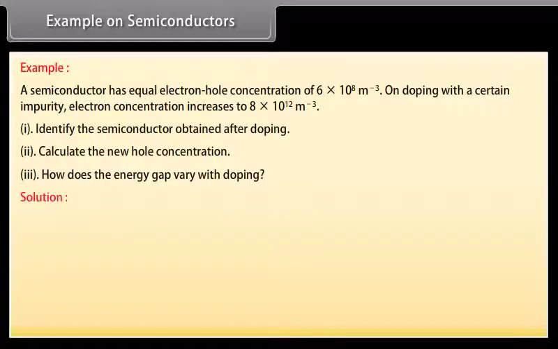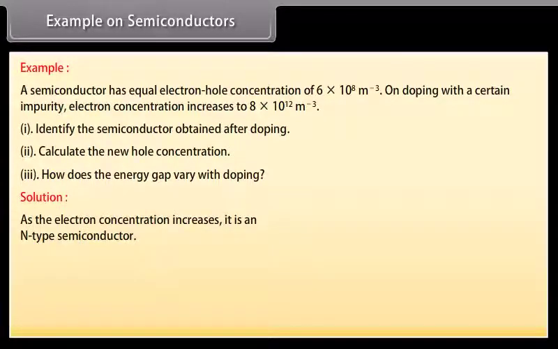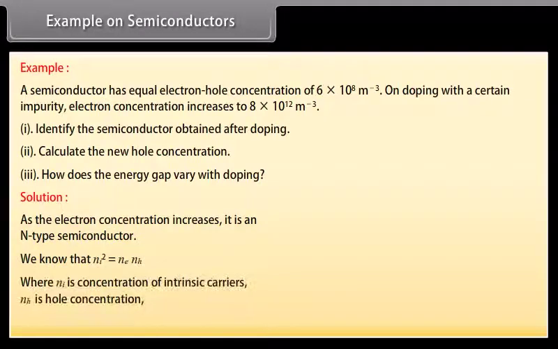Let's see the solution. As the electron concentration increases, it is an n-type semiconductor. We know that Ni square is equal to the product of Ne and Nh, where Ni is concentration of intrinsic carriers, Nh is hole concentration, and Ne is electron concentration.